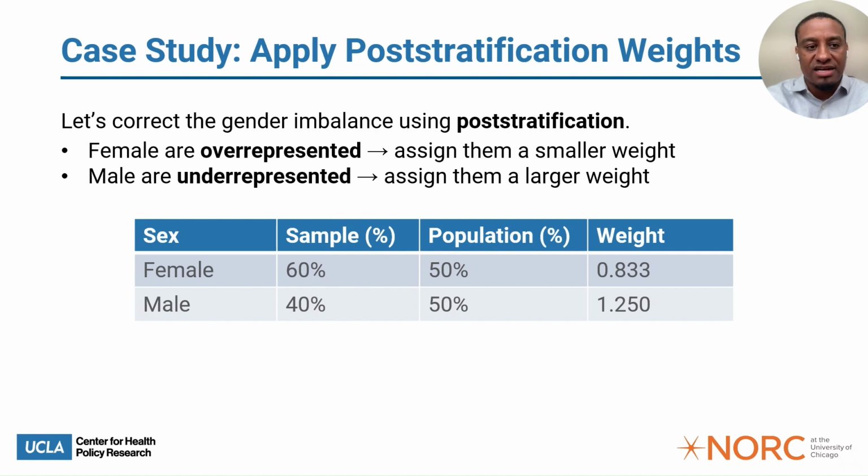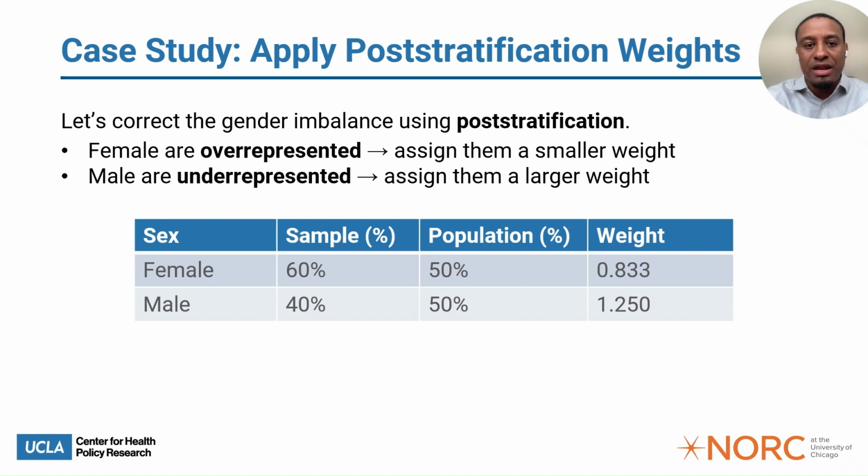To obtain the adjustment factor for the female, we're going to divide the 50% in the population by the 60% from our sample. And we will obtain a factor of 0.83 approximately. We're going to do the same calculation for the male, and then we're going to obtain a ratio or factor of 1.25.